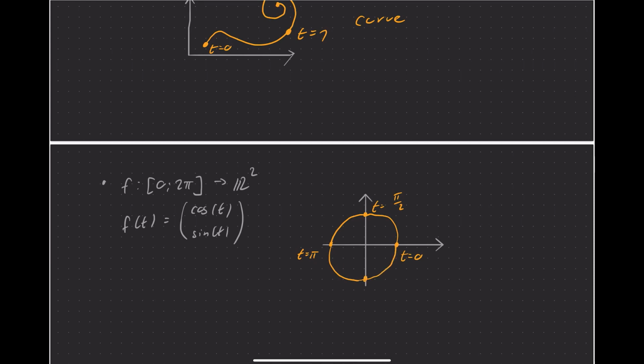We cross this line here at time 3 pi over 2, and then we get back to the original point where we started. So this here is the direction of movement. The curve here is exactly a circle of radius 1 around the origin.